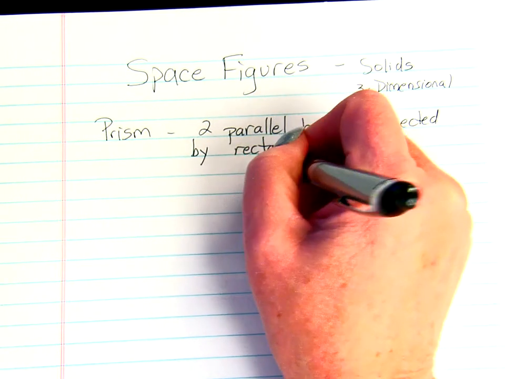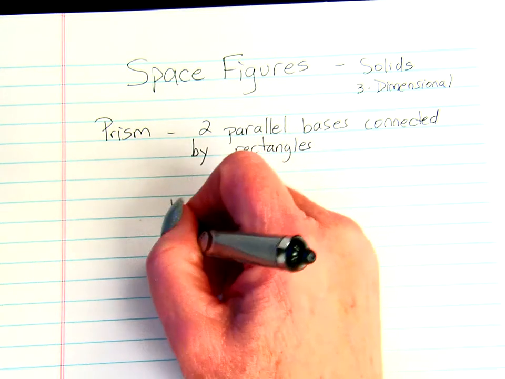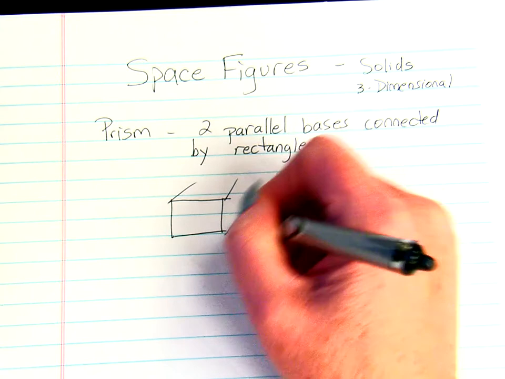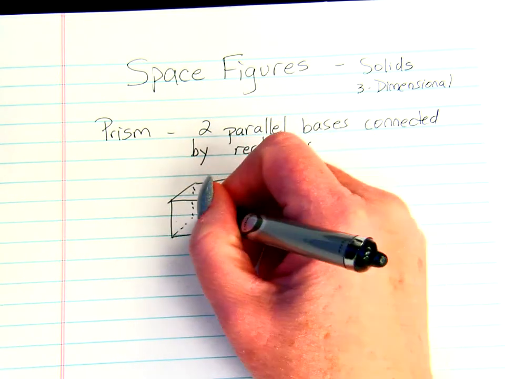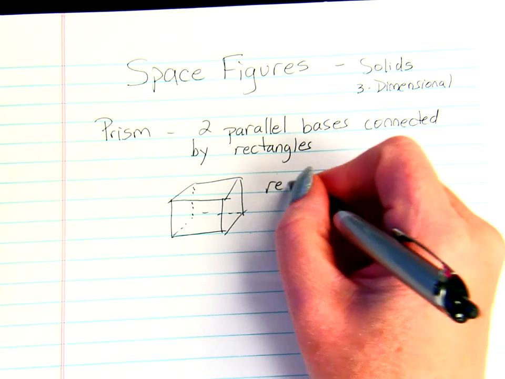Now, you can have prisms of all different types of bases. Traditionally, we're going to work with a square base or a rectangular base. That would be a square prism or a rectangular prism. So what we're looking at is shapes like this. This would be a rectangular prism.